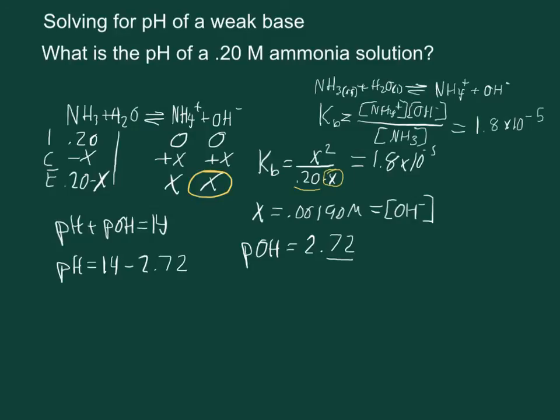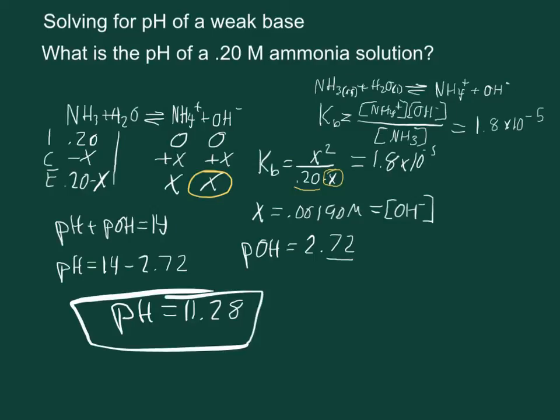So the pH is equal to 11.28. You look at this and you say, does that make sense? 11.28 is greater than 7. It's basic. We have a weak base. That is a pretty reasonable answer. So that's the way that you do this.